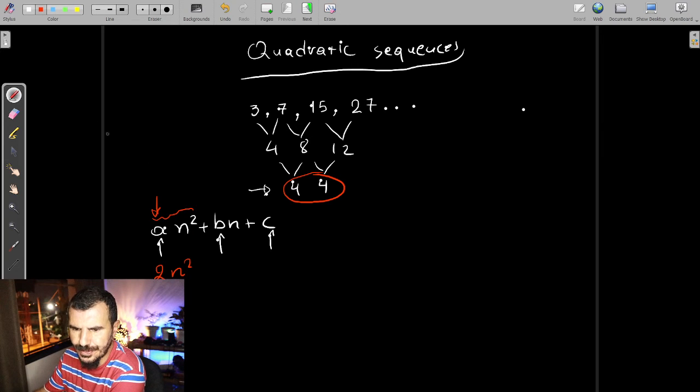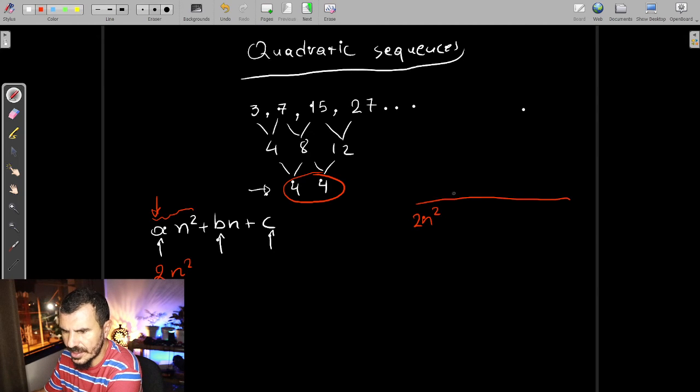Now I come here and say, okay, the first part of the quadratic sequence is 2n squared. Which sequence does this quadratic produce? Let me write here the quadratic sequence: 3, 7, 15, 27, and below I will write the terms of 2n squared.